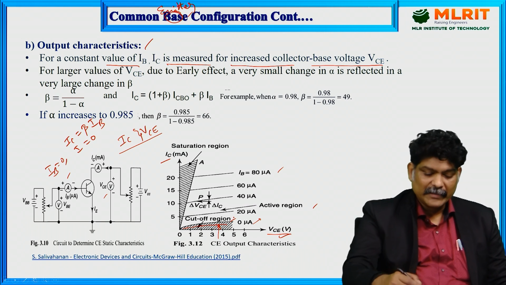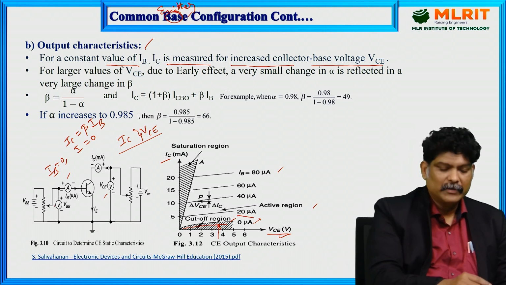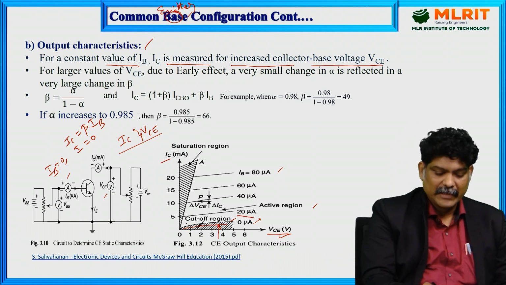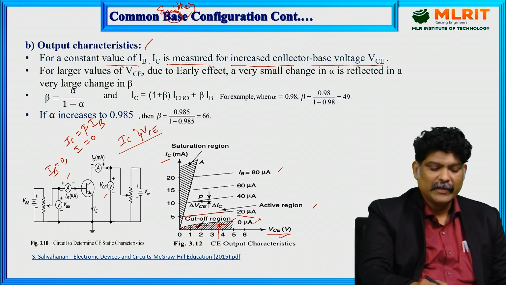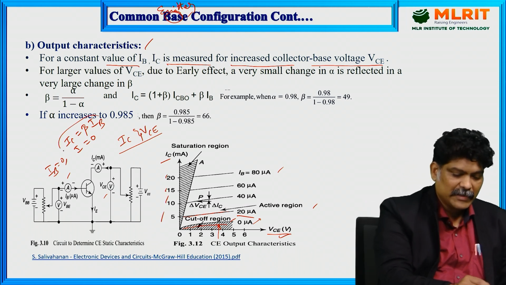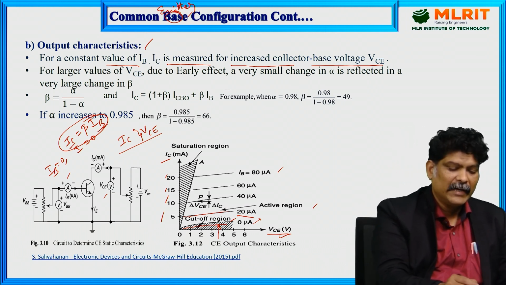If you further increase the IB value, the input base current, you will have this kind of graph. As IB increases, correspondingly your IC slowly increases because the relation between output current IC and input current IB is IC equals beta IB.